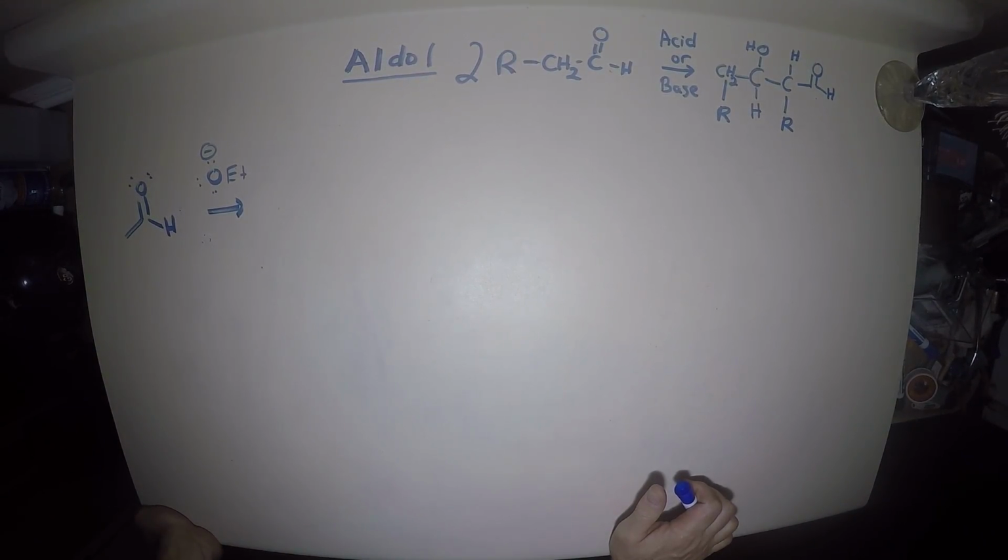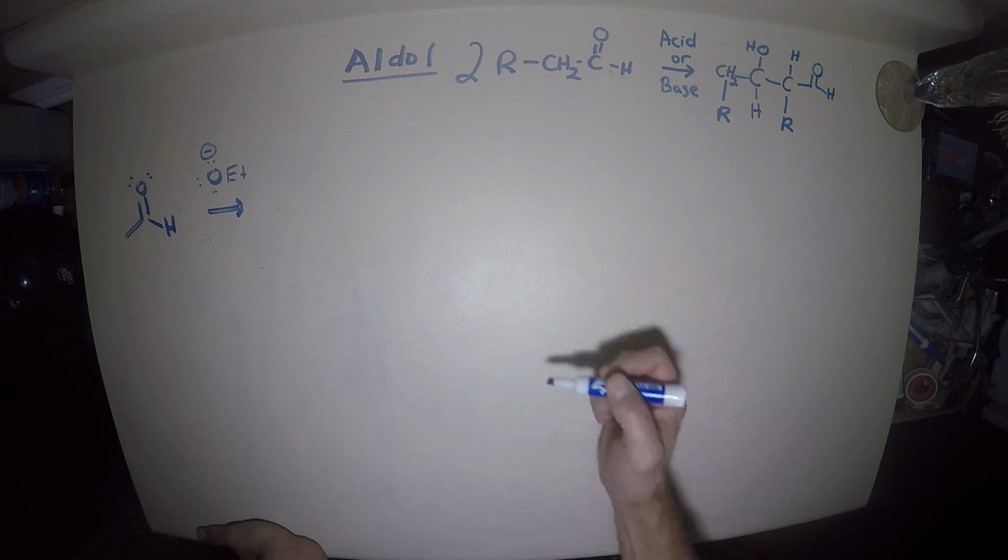Aldol condensation is used to combine two molecules into one, and it's often accompanied by dehydration of the primarily formed beta hydroxy aldehyde or ketone.